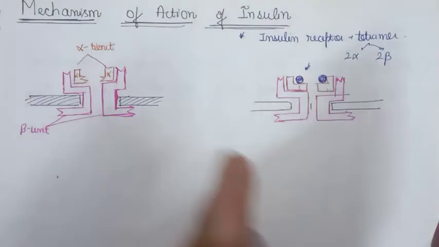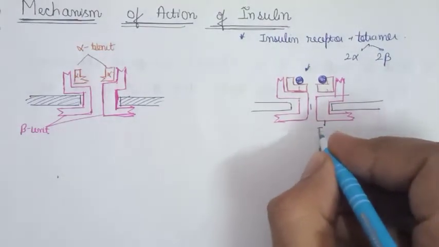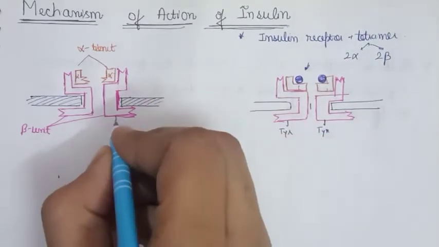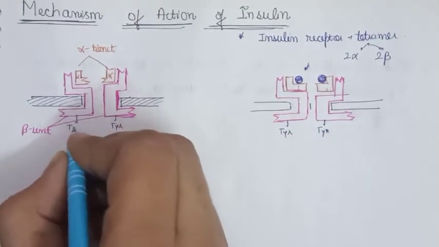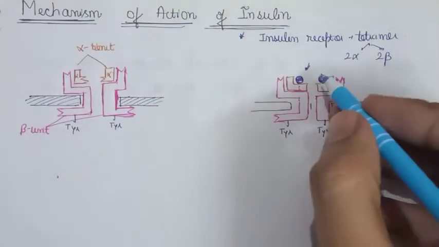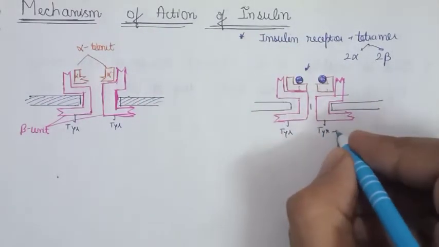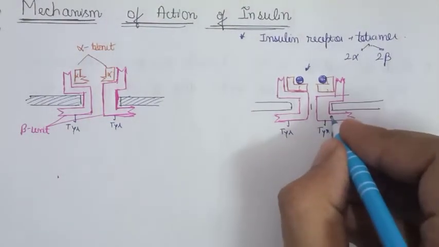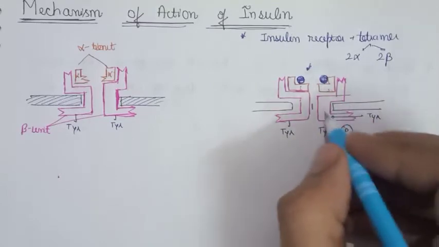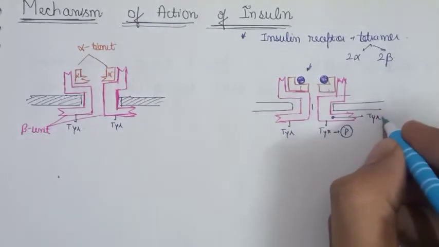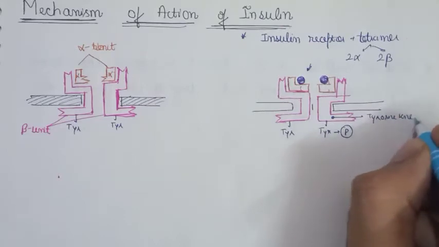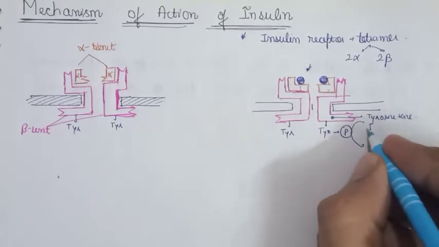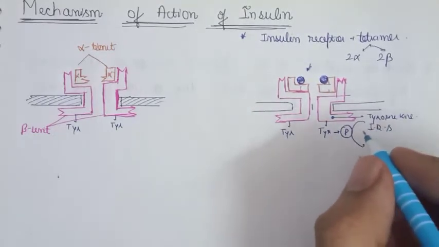One more point to tell you is that the beta unit has some tyrosine residues inside the cell. So some tyrosine residues are present on the beta unit inside the cell. So when the insulin binds, these tyrosine residues get phosphorylated, as there is some tyrosine kinase activity in the intracellular part of the beta subunit. So that leads to phosphorylation of not only tyrosine but also some IRS molecules, that are the insulin receptor substrate molecules.